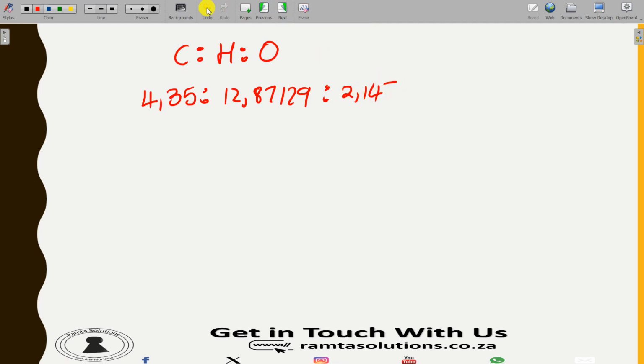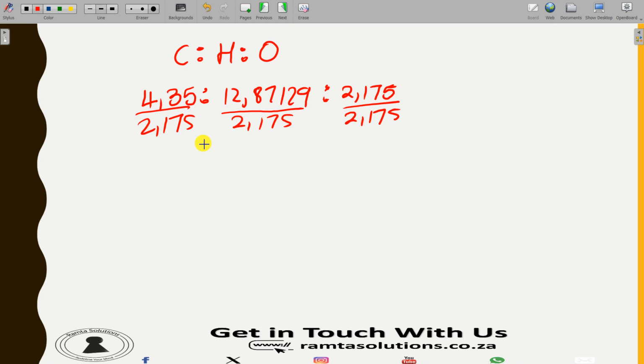The question to ask yourself now is: which one is the smallest number of moles? It is oxygen. So you must divide everything by 2.175, the smallest number of moles, so that at least you get a whole number.